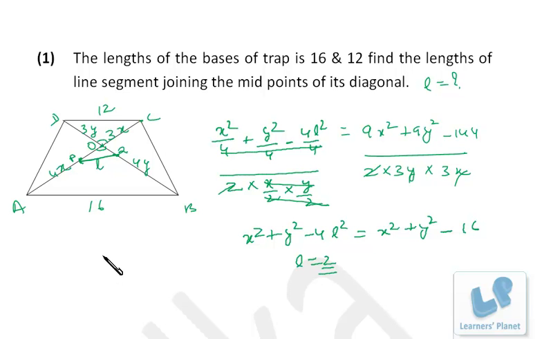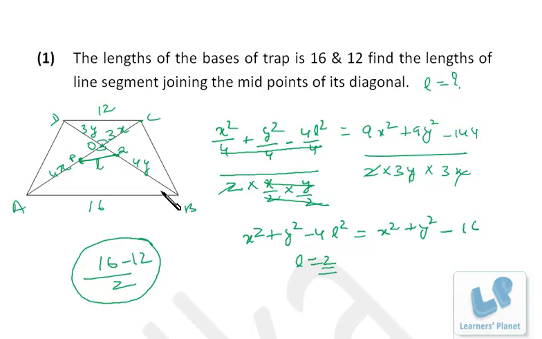So you can use this as a formula also. The distance between the midpoints of the diagonals is what? This minus this by 2, right? 16 minus 12 by 2. And I have done the derivation also for you, right? You can do it this way, or you can use the formula directly, right?